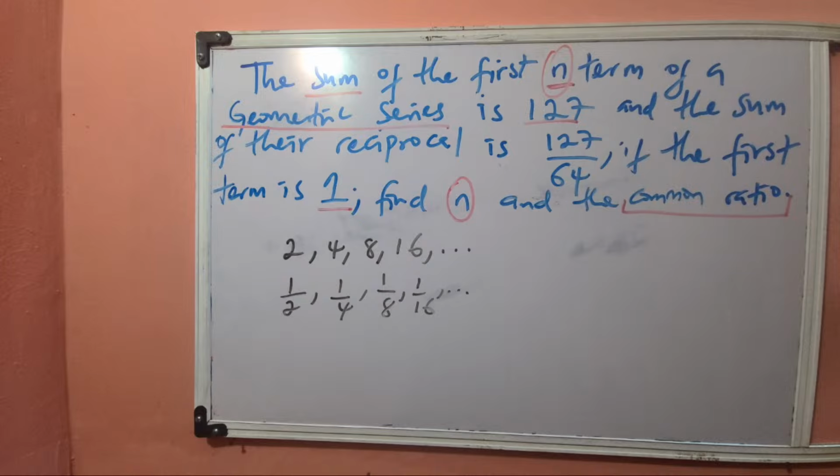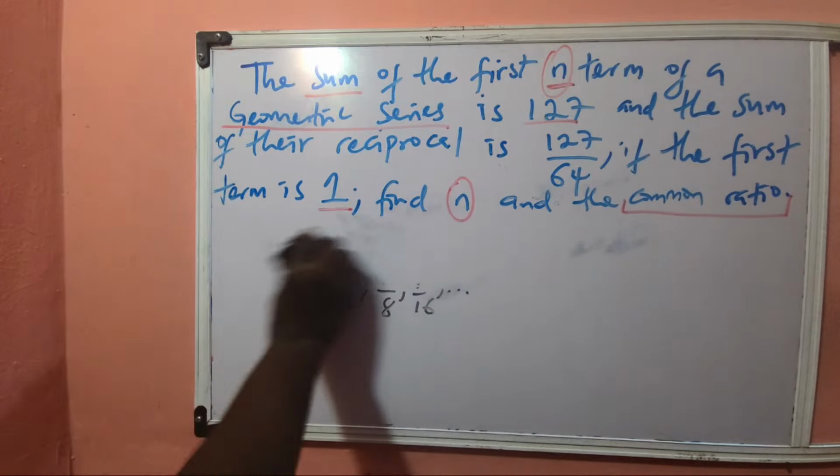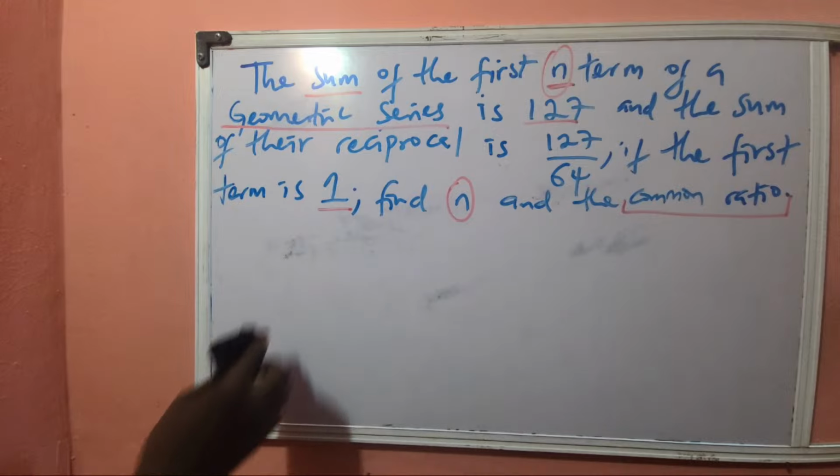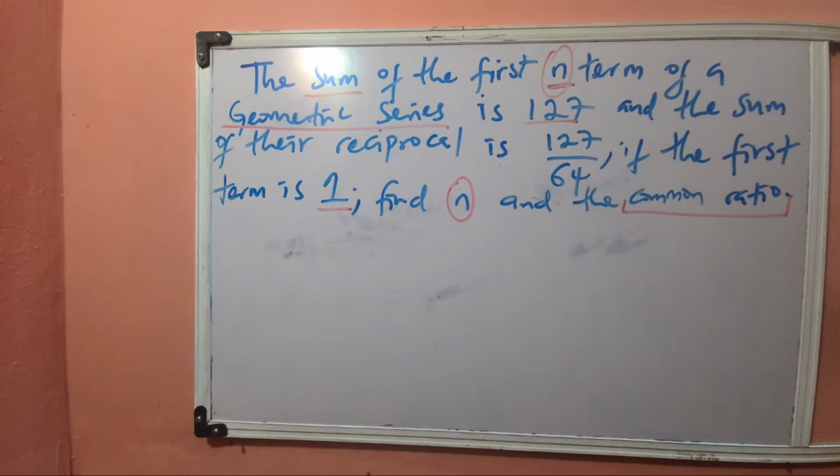So the very first thing I would ask you to first note is that the very first detail that was given was that the sum of the first n term of a geometric series. Remember when we were discussing sequence and series, I explained to you guys that it's very important to note all these formulas as they are very key in solving questions. Of course, in this particular situation, we're going to have to bring back our sum of the first n term of a geometric series.